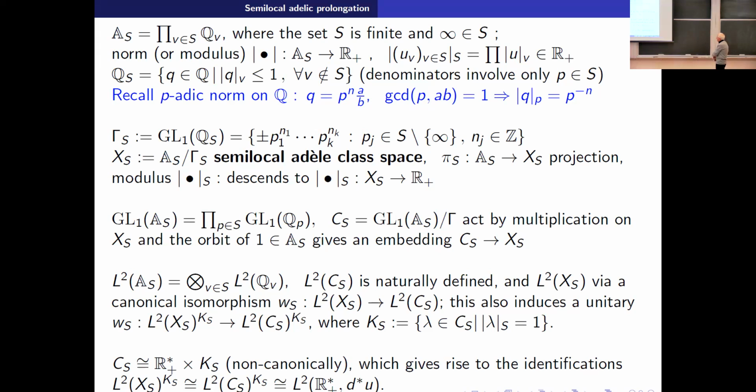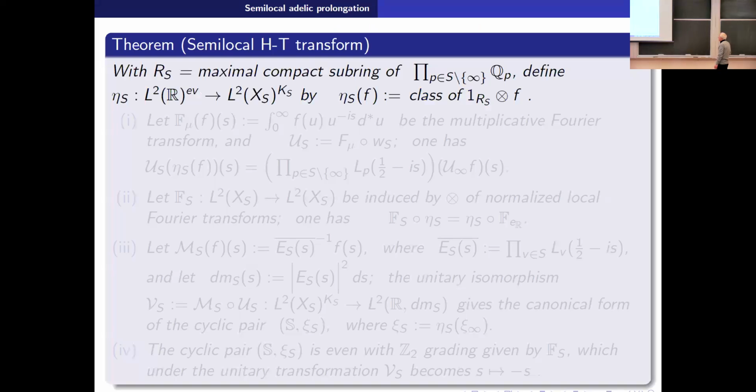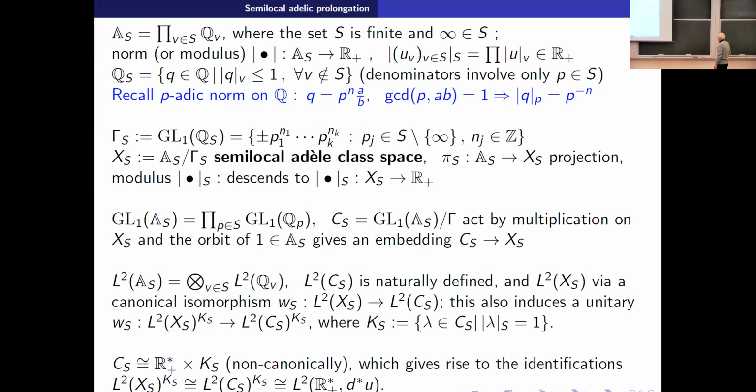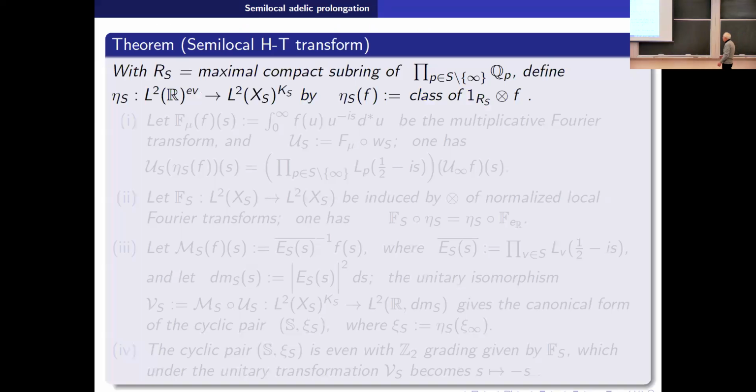But this gives rise to the identification eventually, which you see on the last line here. The K invariants in this adelic class space are isomorphic with L2 of the multiplicative part of R plus with a Haar measure, which is d star u, du over u, of course.